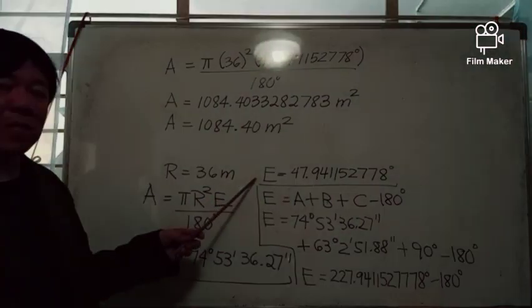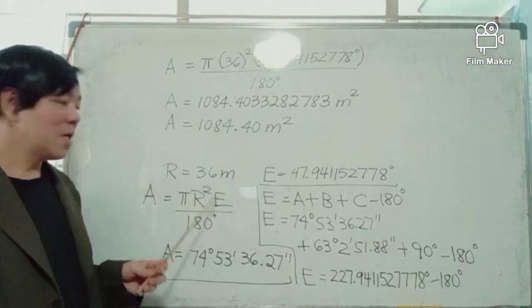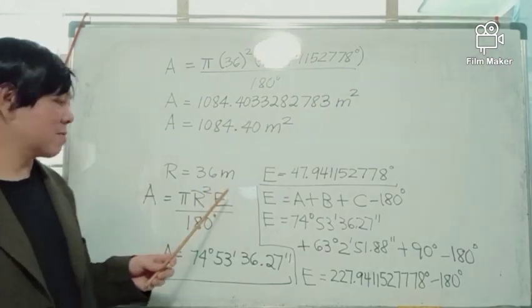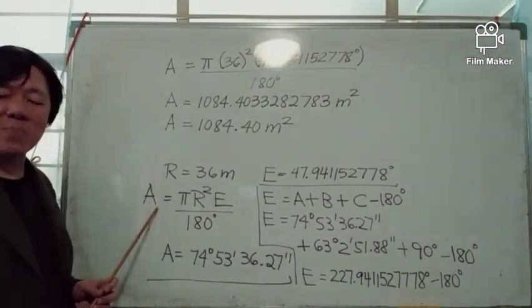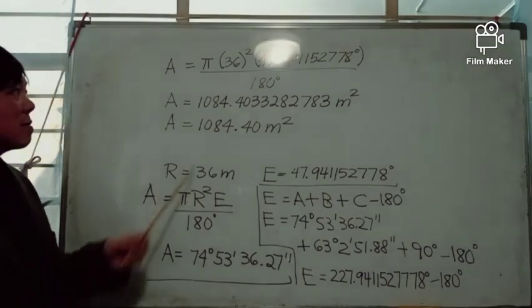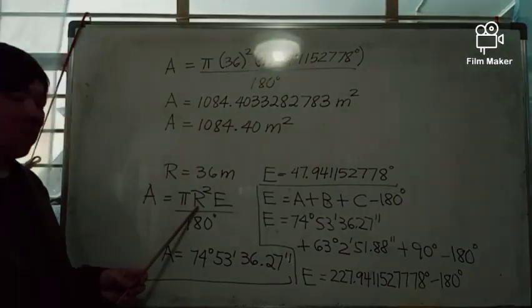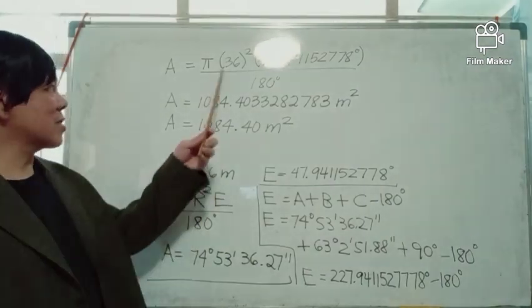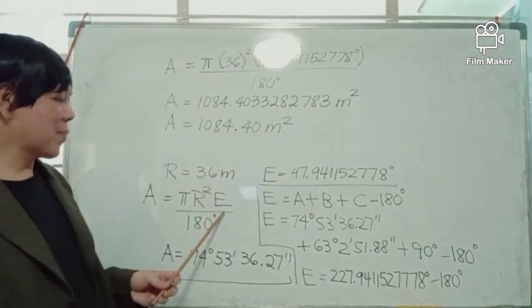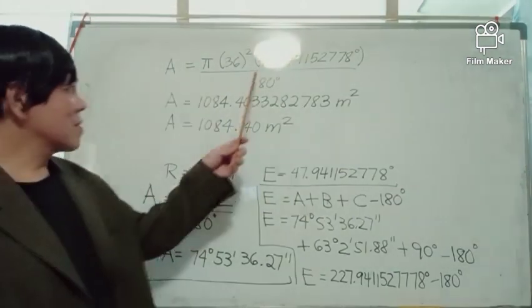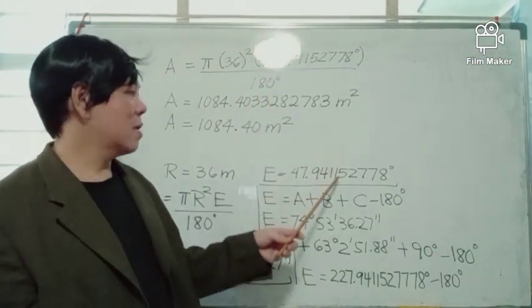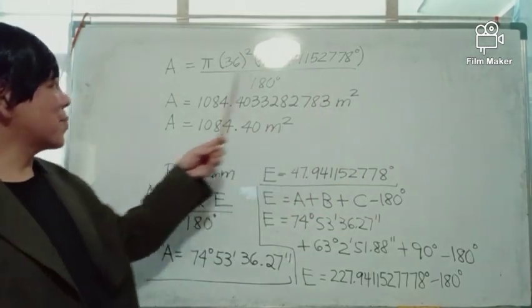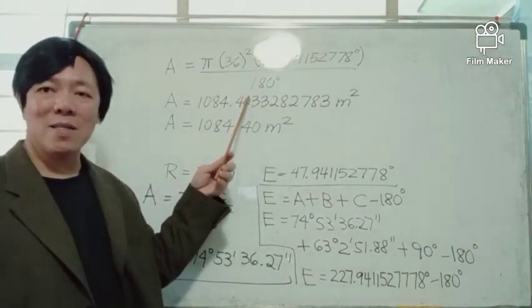We substitute the spherical excess into this formula, and the given radius of the sphere equals 36 meters. Area of a spherical triangle equals pi multiplied by the square of the radius. The radius is 36 meters, 36 squared, multiplied by the spherical excess, 47.9411527778 degrees, and the product is divided by 180 degrees.